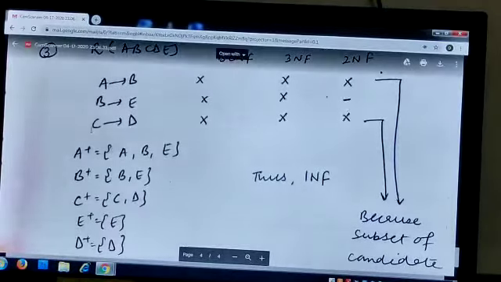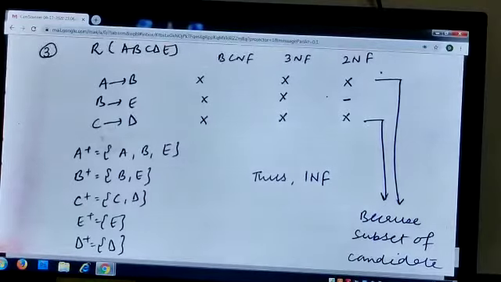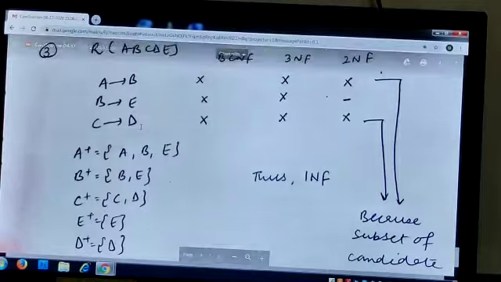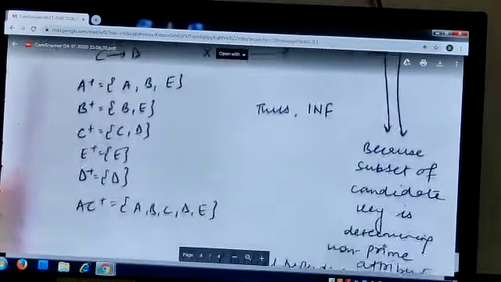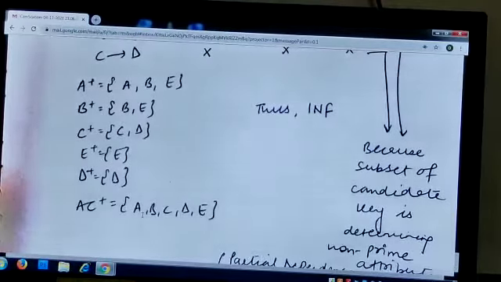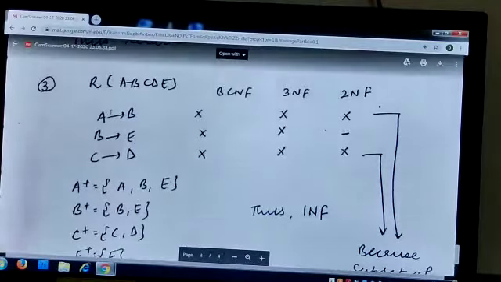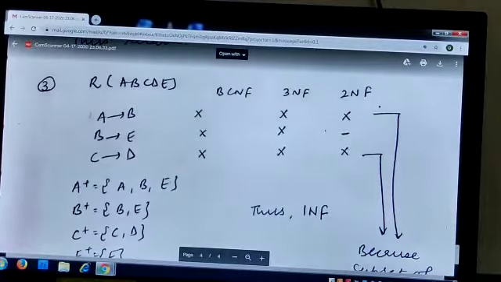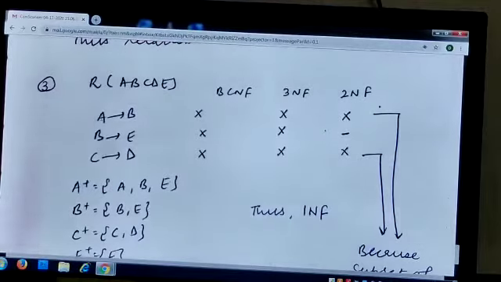Suppose I add A, using the augmentation rule of Armstrong, to C to D. If I add A on both sides of this third functional dependency, it will become AC to AD. I know AC will have A and C. If I add C on both sides of the first functional dependency, it means that B is dependent on AC.